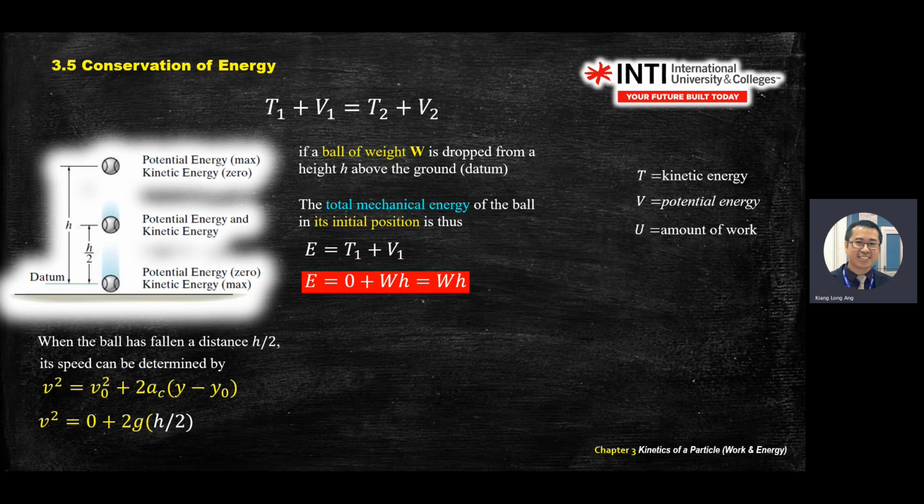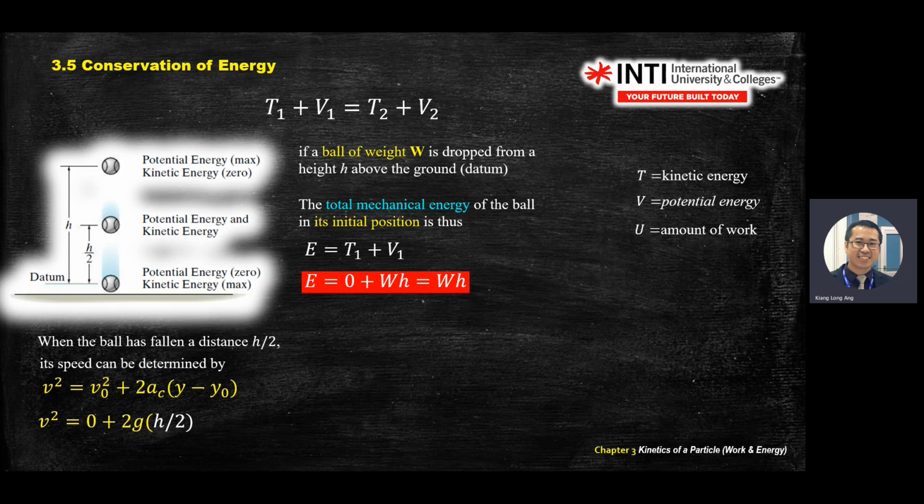So this is just a derivation of what happens from the top to the bottom. Initially, you get your total energy, T1 plus V1. You get E equal to 0 plus WH, or mgh. The top one doesn't have kinetic energy. But you want to prove this conservation of energy equation. So how do you prove it at the middle?